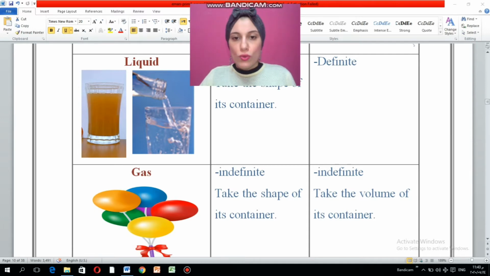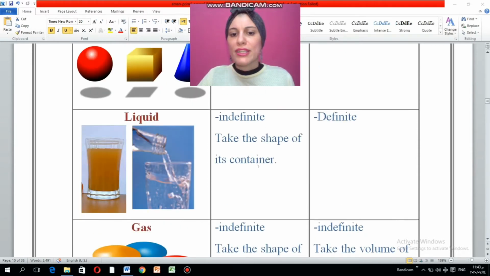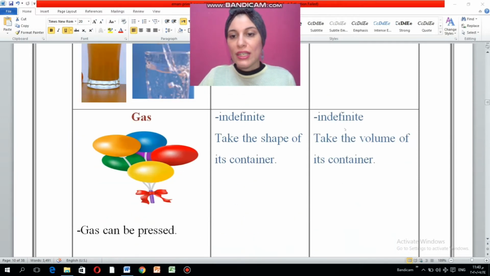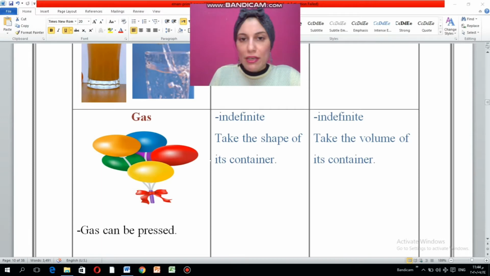Okay? So a piece of information: anything indefinite takes the shape of its container. The liquid takes the shape of its container, but the gas, because it has both indefinite, takes the shape and volume of its container. If a question comes asking to give a reason, saying the pen is a solid, I will say because it has a definite shape and definite volume.